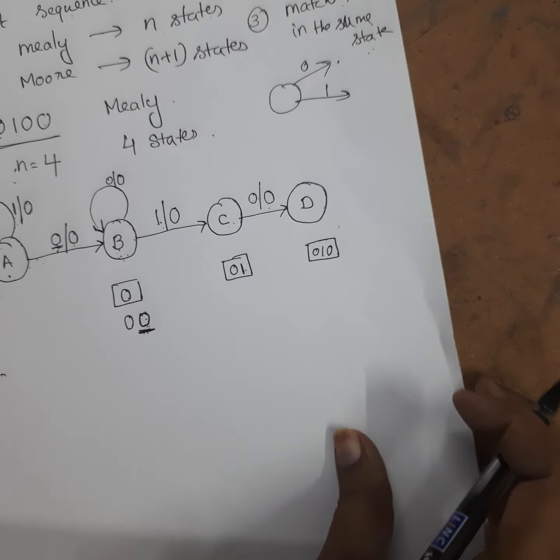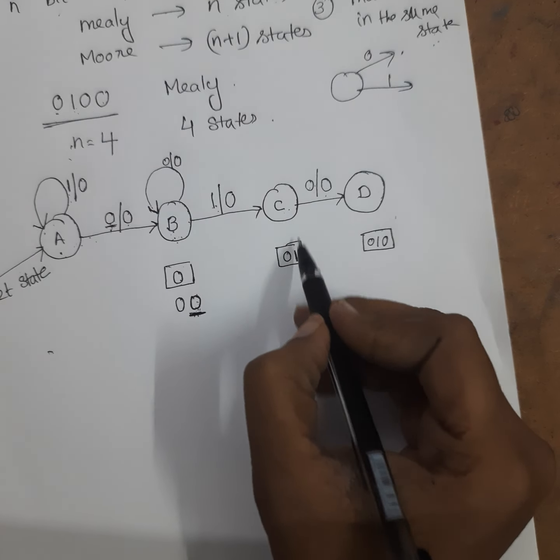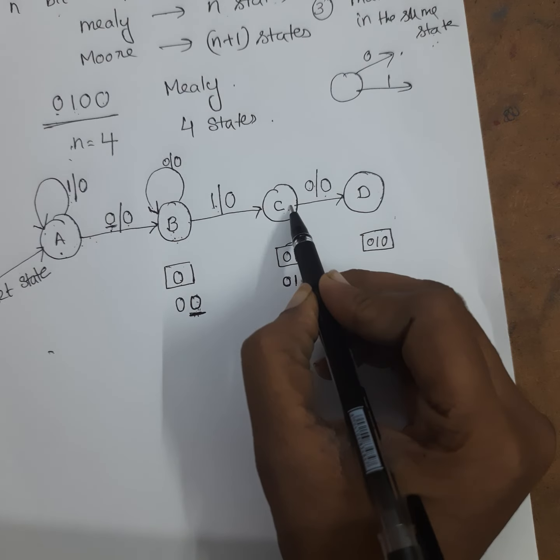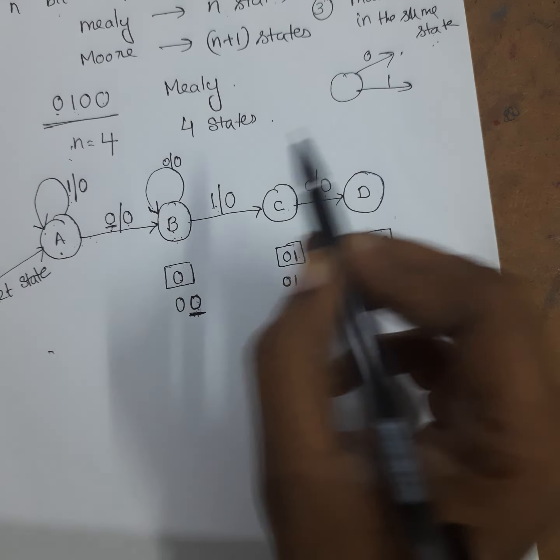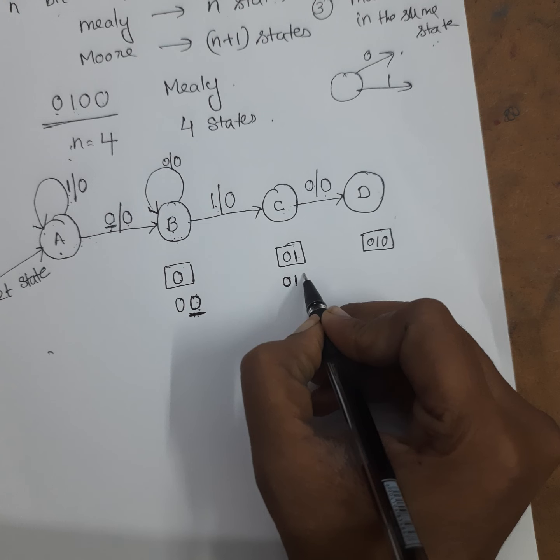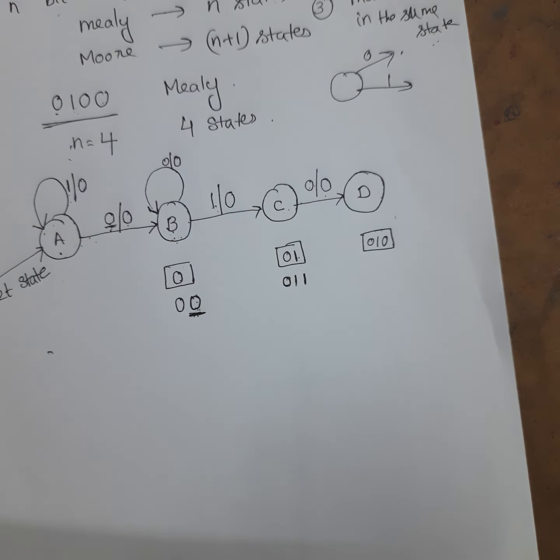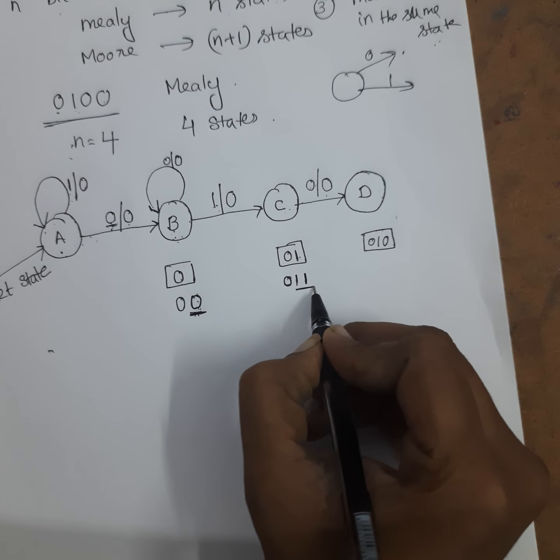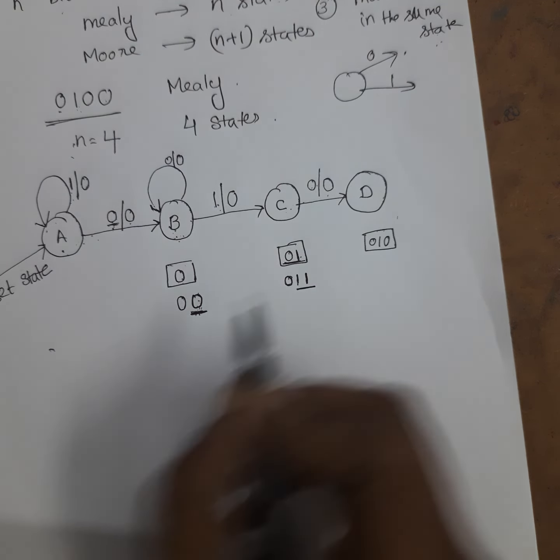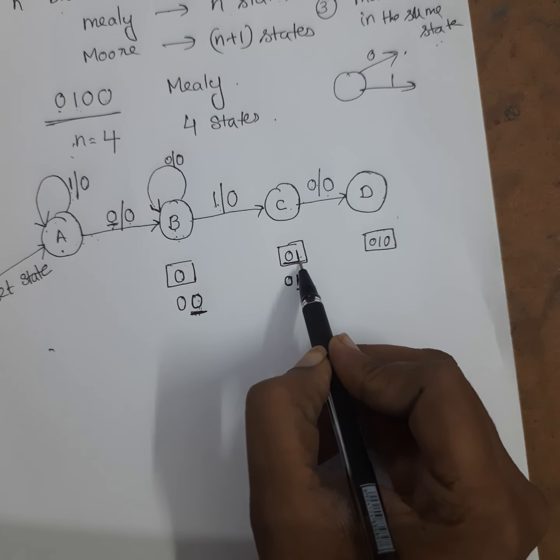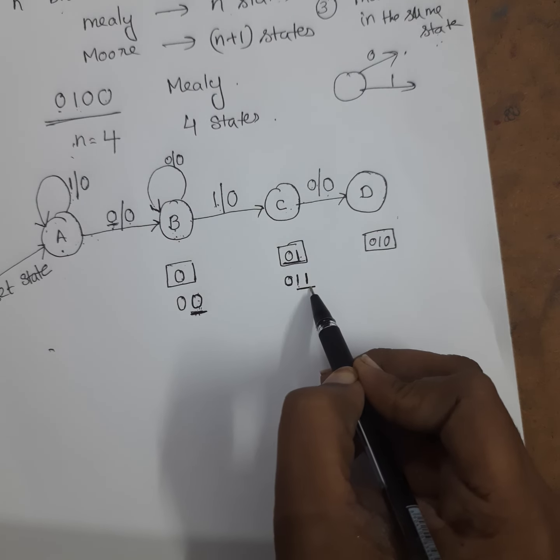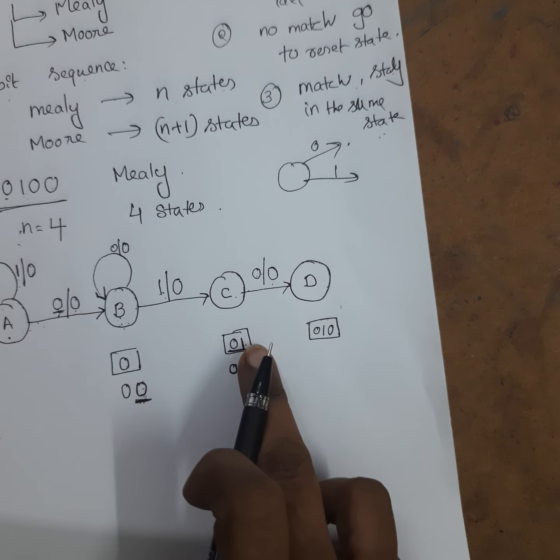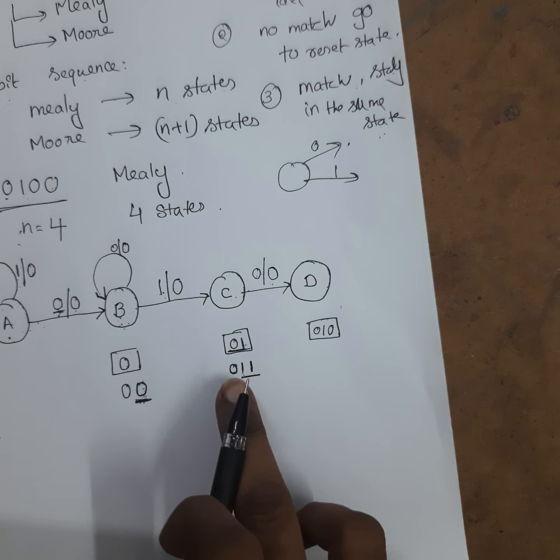Coming to C, whose detected bits are 0, 1. When there is a 0, it goes to the next state. What happens for 1? Here you have to compare 2 bits with 2. 0, 1 against 1, 1: no match.